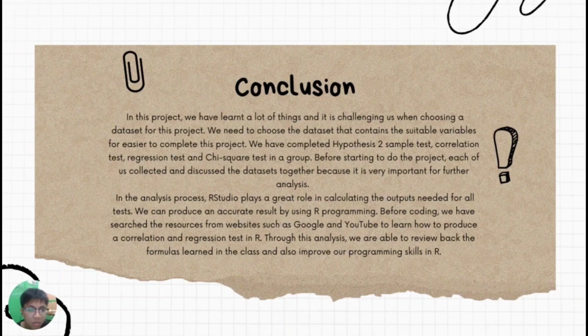Before coding, we searched resources from websites such as Google and YouTube to learn how to produce correlation and regression tests in RStudio. Through this analysis, we are able to review the formulas learned in class and also improve our programming skills in R.